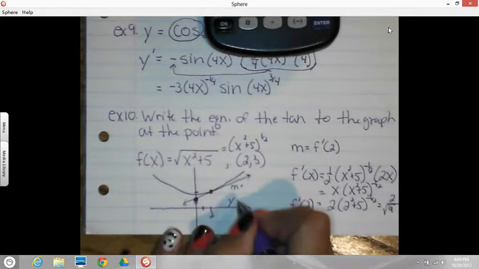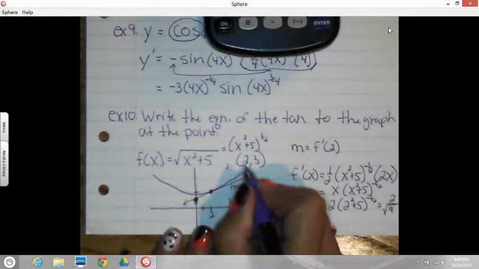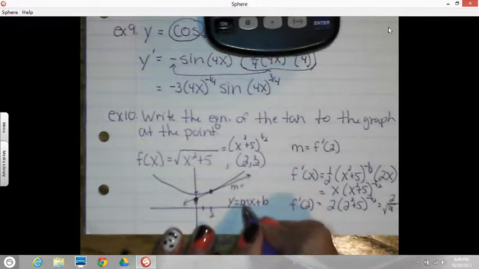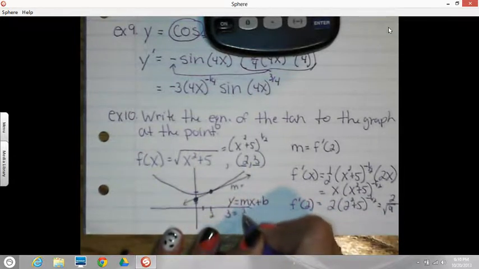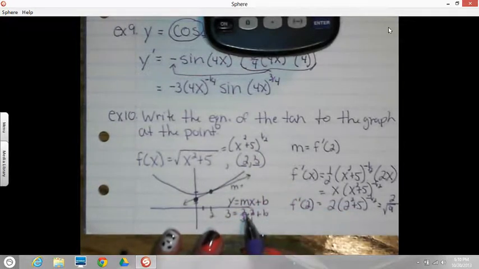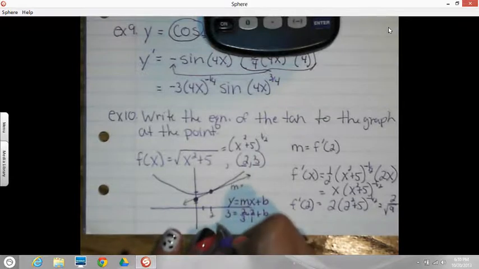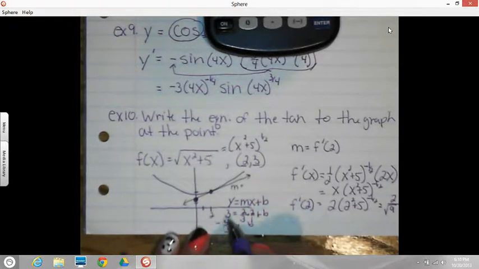y equals mx plus b. We've got an x and a y on the line. We have the m now, so we can find the b. So y is a 3. The m we just found was 2/3. x is a 2. I'll make it 2 over 1 plus b. So that's going to be 4/3. So if I subtract 4/3 from 3, that'll leave me with b. So 9/3 is still 3.